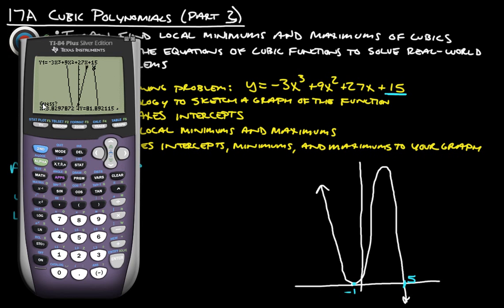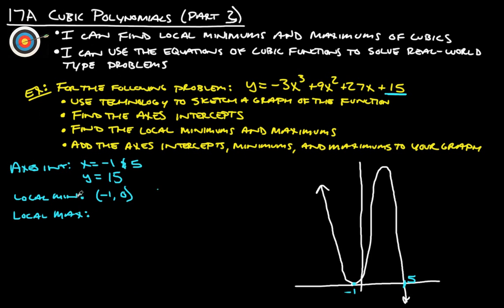Then it asks if you want the calculator to make a guess, so we say yes and push enter. It'll think for a second, and there's our x, our cursor right at the very top, which is x is 3 and y is 96. So our local max is at 3, 96.